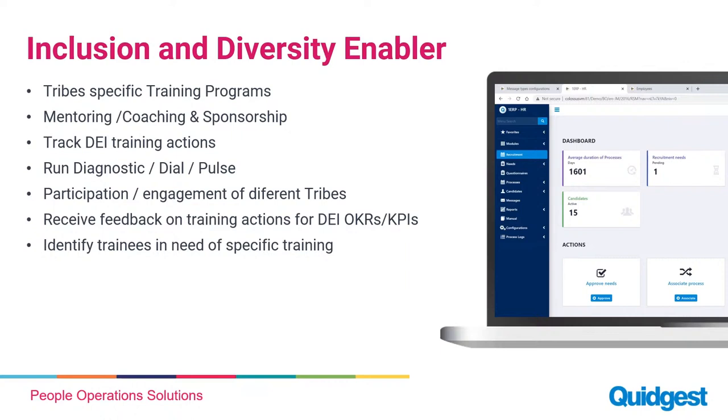So this was just a brief example of some components where your HR solution, and our HR solutions at Quidgest, allow you to target inclusion and diversity by enabling the software that you already have. And we could look at the other ones, especially in terms of diversity, the dashboards and that information that gives you visualization of things that sometimes you don't know.